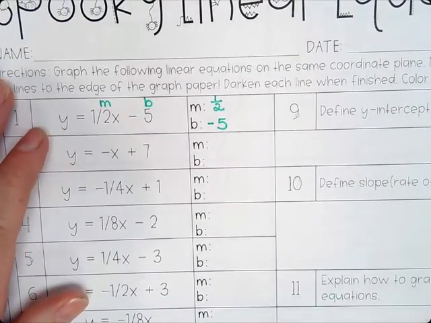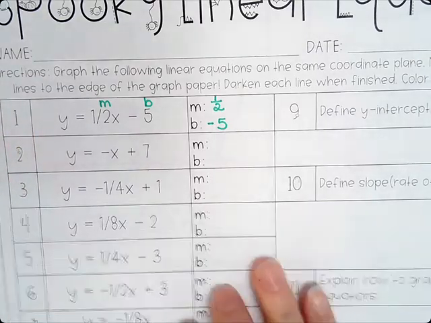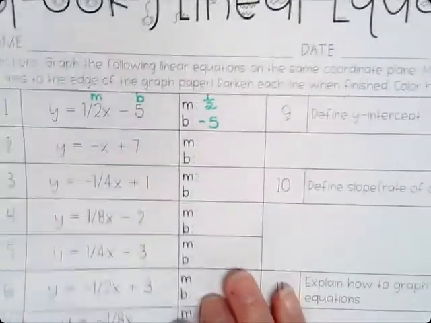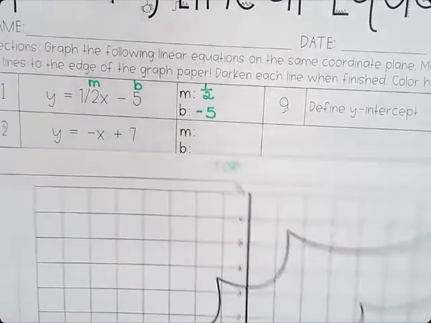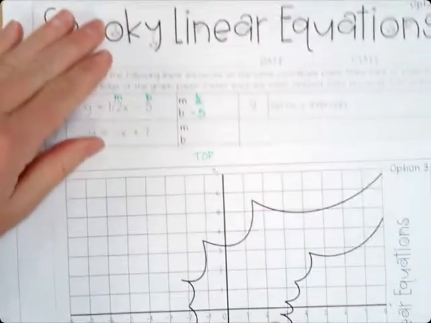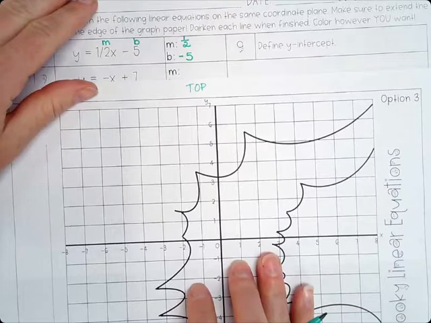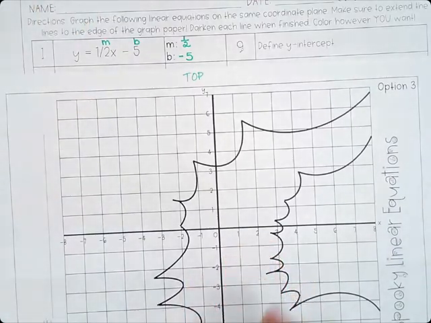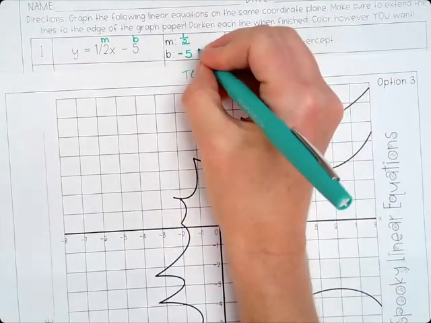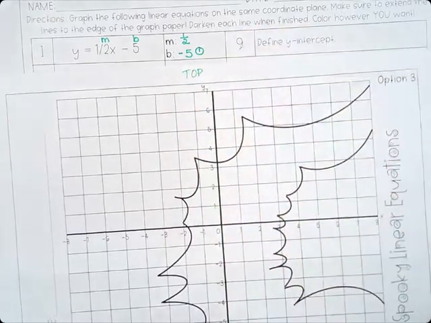Whenever we graph, we're going to graph the y-intercept first. We're going to plot a point on the y-axis where the line crosses the y-axis. So let's look at our graph here. I want to plot a point at my y-intercept. This is the first thing that I do.